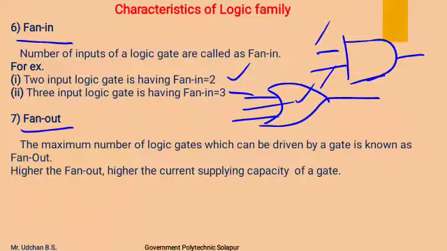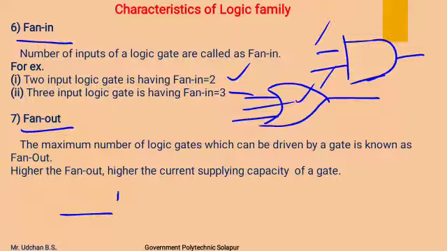Now next is fan out. The maximum number of logic gates which can be driven by a gate is known as fan out. The higher the fan out, the higher will be the current supplying capacity of a particular gate.